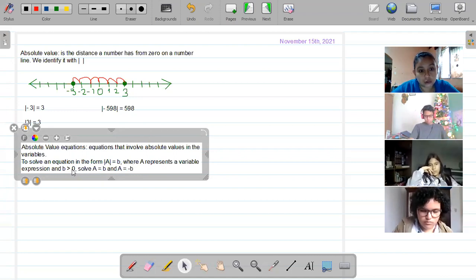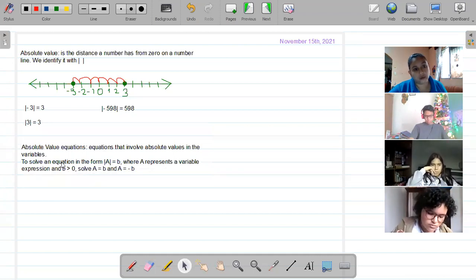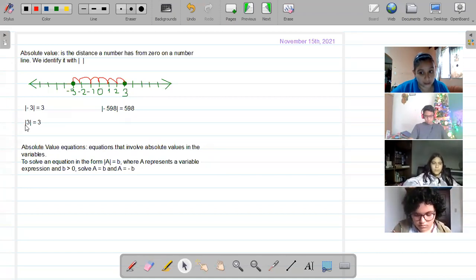Okay, so it has 2 solutions. Why does it have 2 types of solutions? Because we have a positive value for a negative one and also a positive value for a positive one, okay?